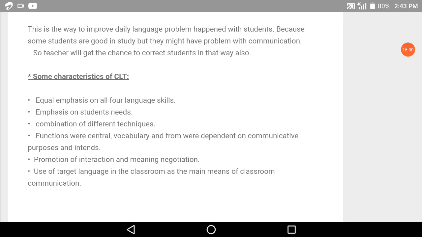Target language means what? If you are a teacher of Hindi, your target language is Hindi, so students learn Hindi well. If you are a teacher of English, your target language is English, so that your students communicate in English well. So use the target language while you are doing this method.